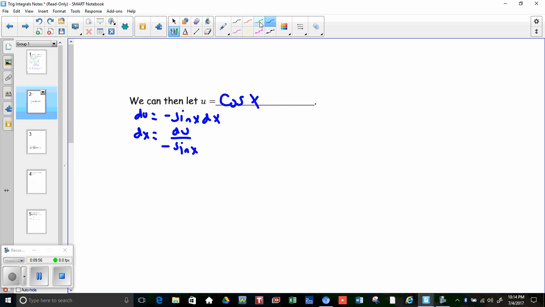Let's use green this time. So our new integral using our substitution becomes, and this is from the previous page, 1 minus u squared, now that's a u squared, times u squared, times, and this is where we needed the extra piece, the extra sine of x.